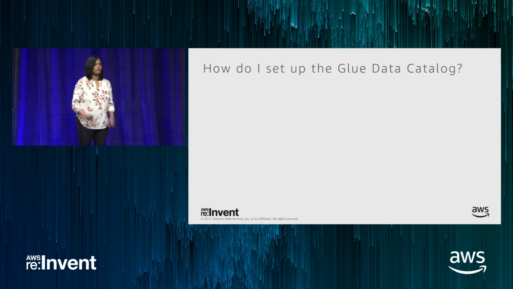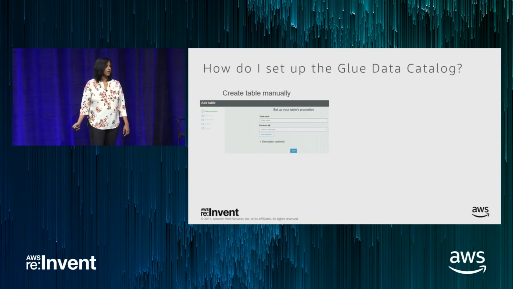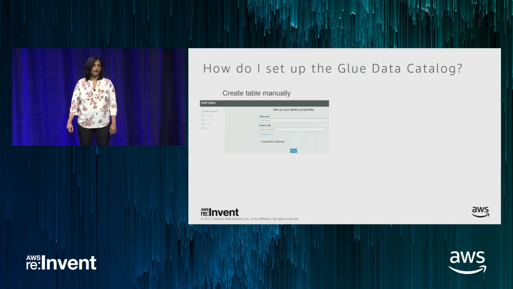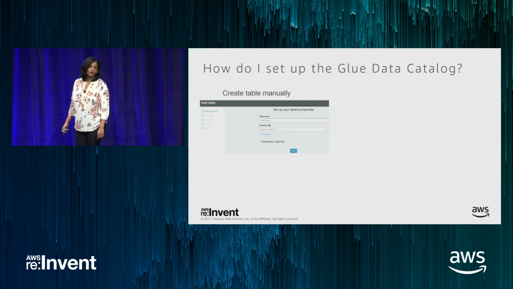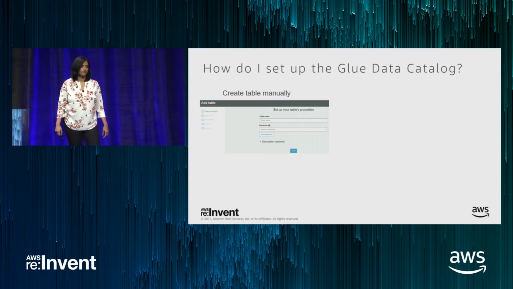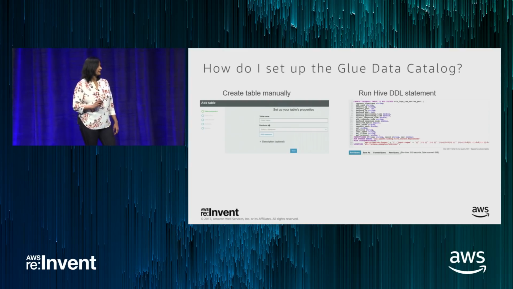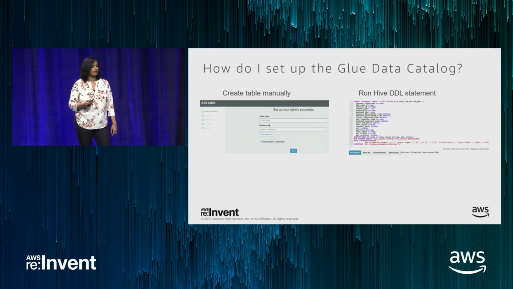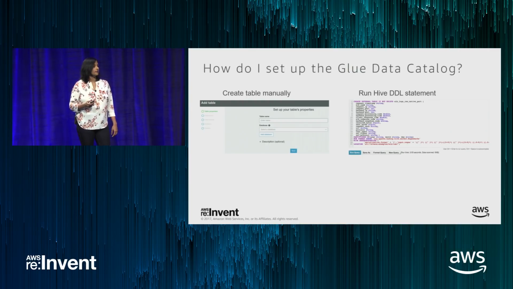So how do you set up the Glue Data Catalog? You can create your tables manually, and this works great if you want to quickly go and test out a use case where you know the schema and you want to quickly add that using our console. You can run Hive DDL statements. So here you can see an example where you're doing a create table against a set of ELB logs.